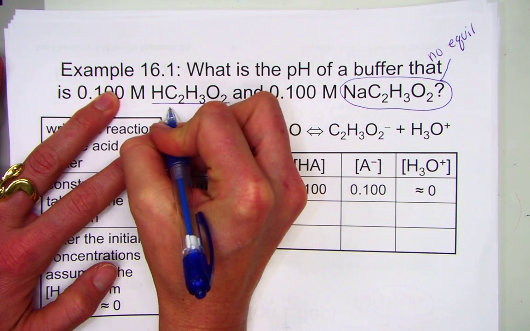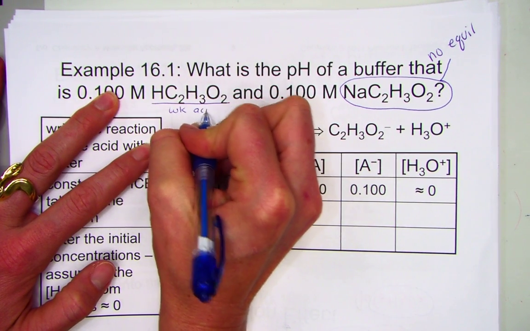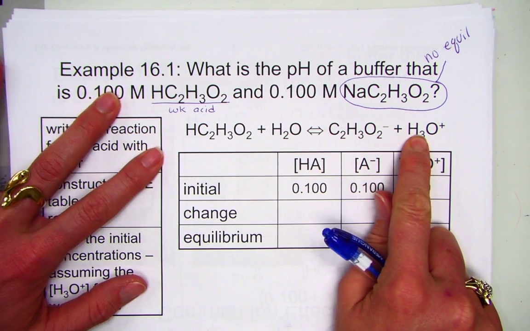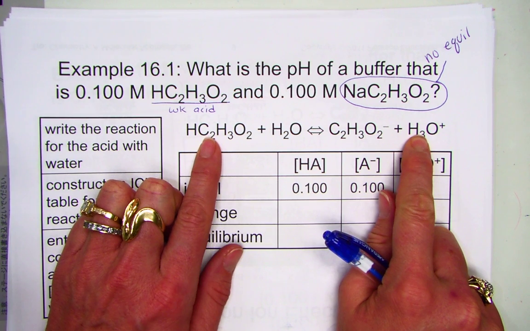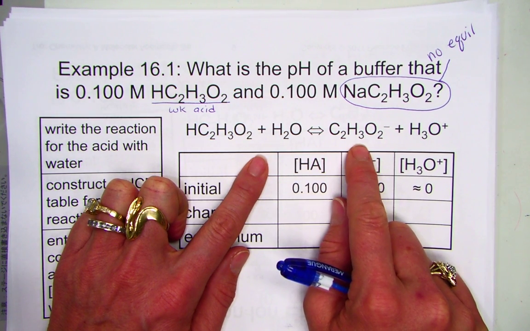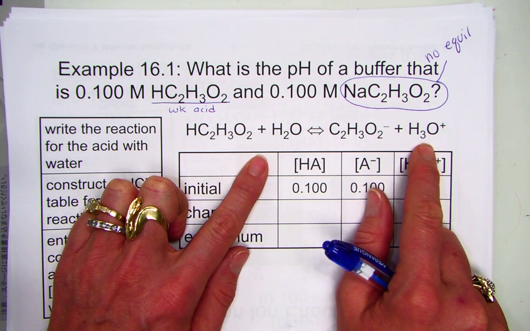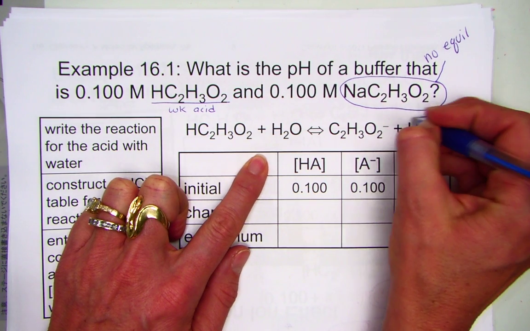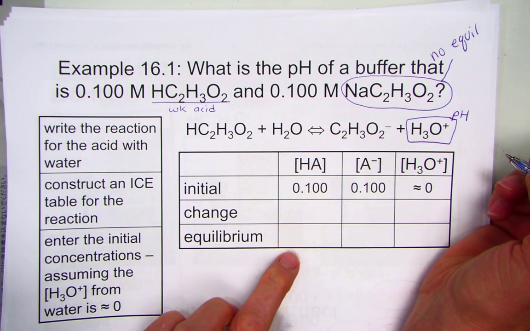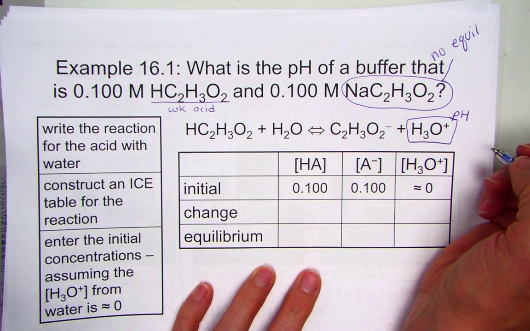This acetic acid is a weak acid. It does set up an equilibrium, and that's what's shown to us here. The acetic acid, when dissolved in water, will form an equilibrium with its conjugate base and our hydronium ion. Remember, the hydronium is where we take the negative log at the equilibrium to find the pH.